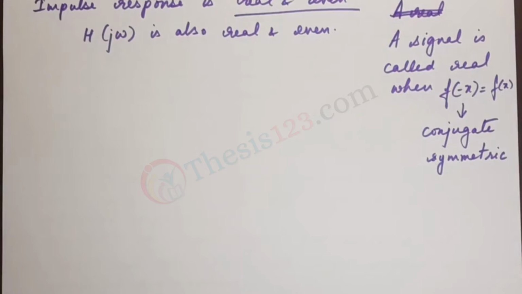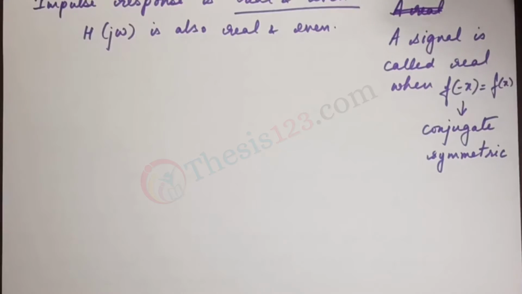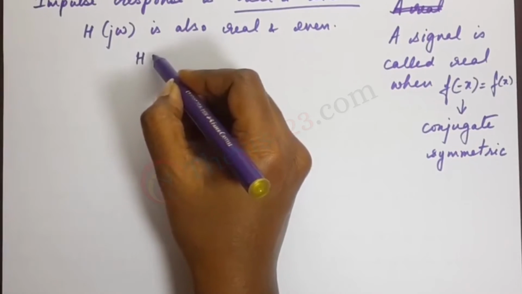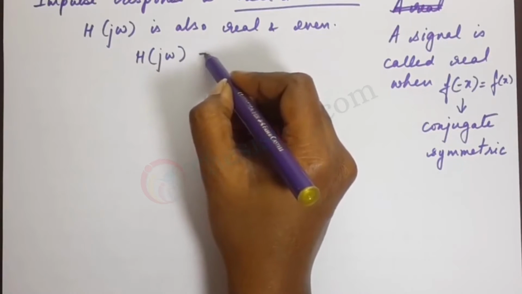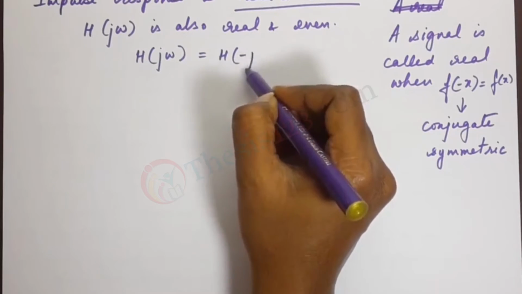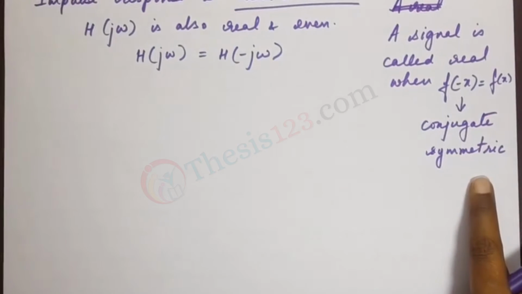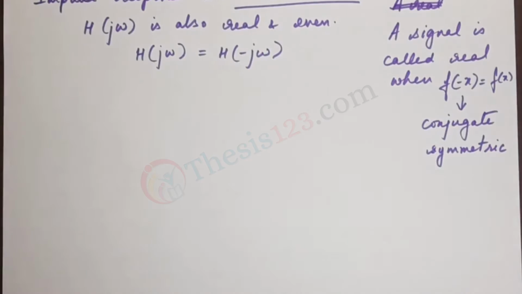Okay, so only when it is conjugate symmetric will we say that the signal is real. And because H(jω) is real, since the impulse response is real, we can say that H(jω) is equal to H(-jω). You see the relation there? That means that it is conjugate symmetric, which in turn shows that it is real.